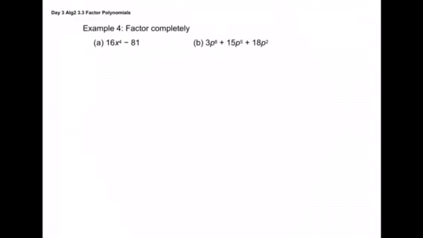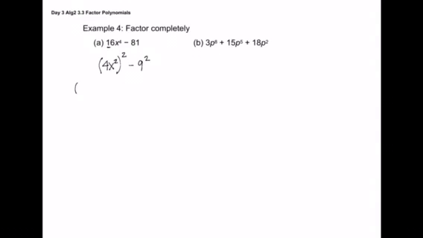Example number 4 says factor completely. So looking at example A, 16x to the 4th minus 81, I know 16 is a perfect square, and x to the 4th is a perfect square, so I can rewrite that as 4x squared. I know 81 is a perfect square, so I can rewrite that as 9 squared.